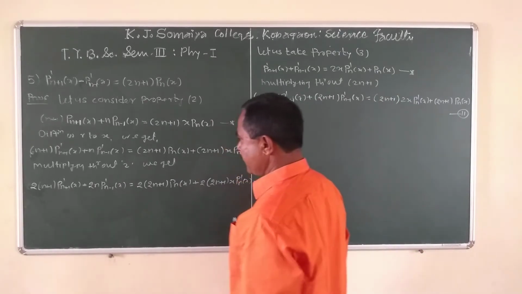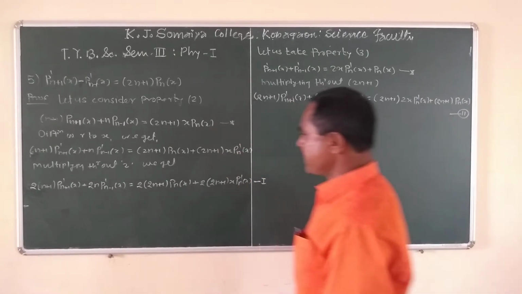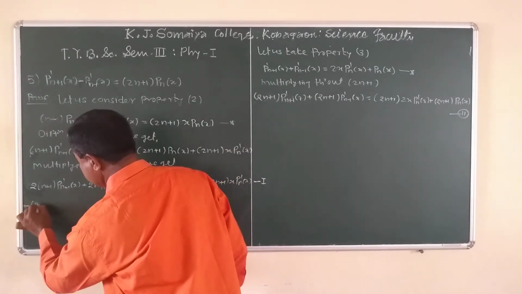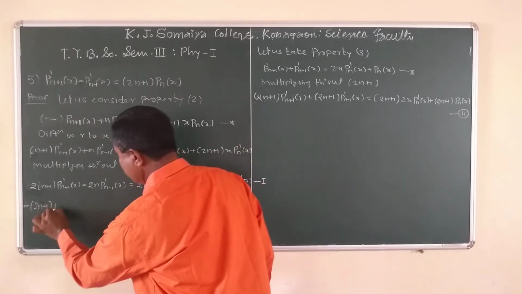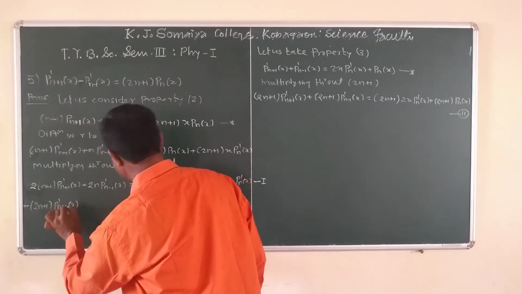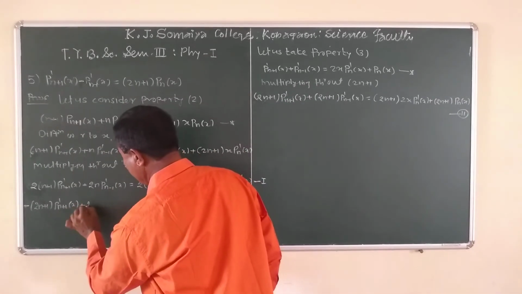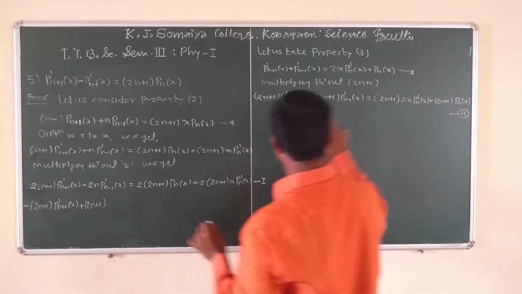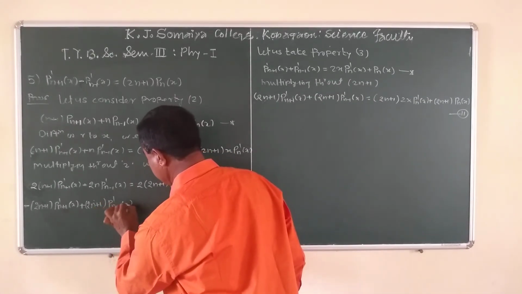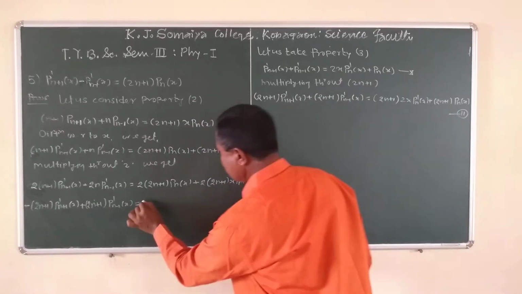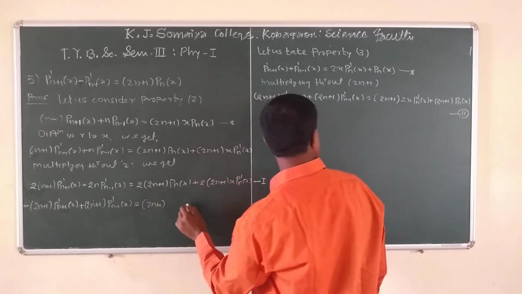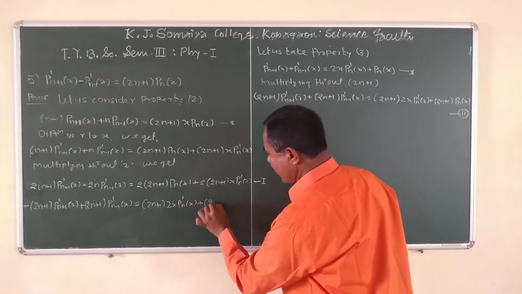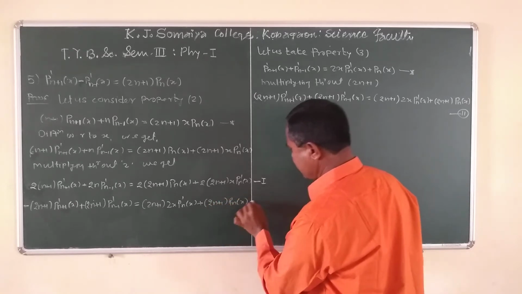To do the subtraction, I will write here the equation: (2n+1) P'_{n+1}(x) + (2n+1) P'_{n−1}(x) = (2n+1) 2x P'_n(x) + (2n+1) P_n(x). Right?